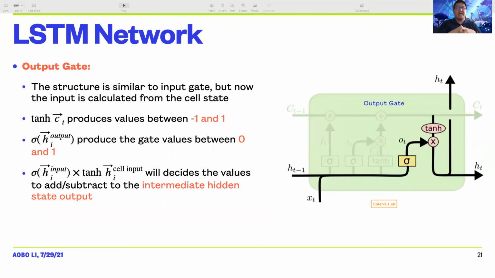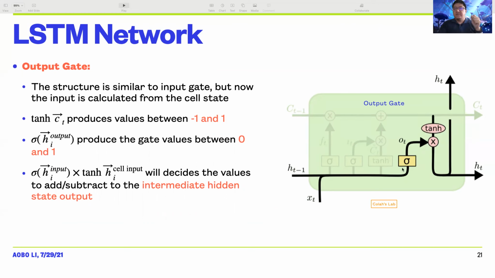And eventually we have the output gate. The output gate structure is similar to the input gate, but now the input is calculated from the cell state. We take the cell state and put a hyperbolic tangent activation function over it to produce a value again between -1 and 1.